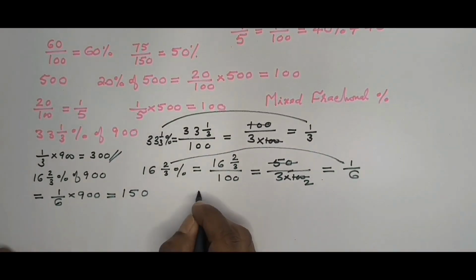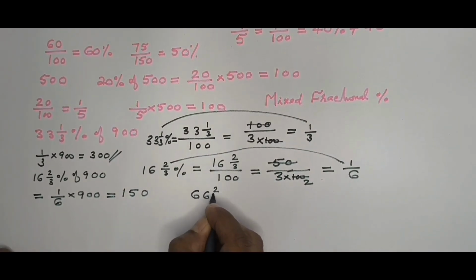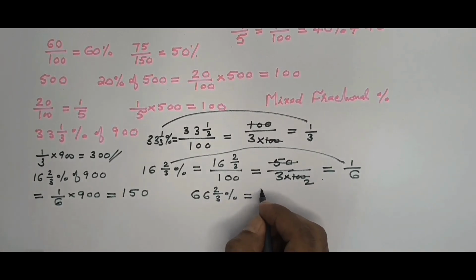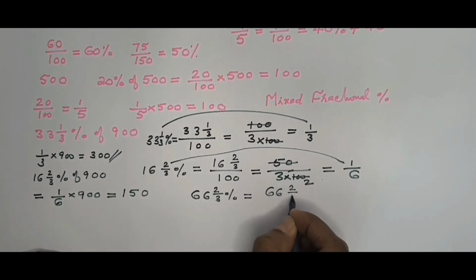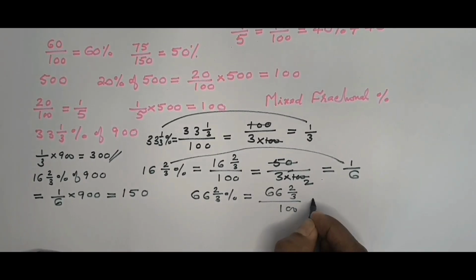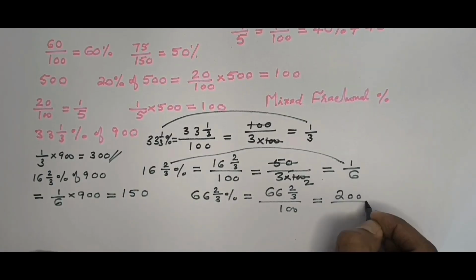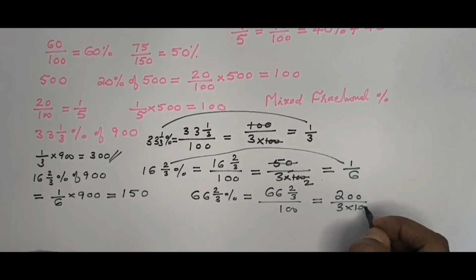Now look at this number, 66 and 2 by 3%. On simplifying, first you write it like this, divided by 100, and convert this into a proper fraction. You will be getting 200 divided by 3 into 100, cancelling zeros.